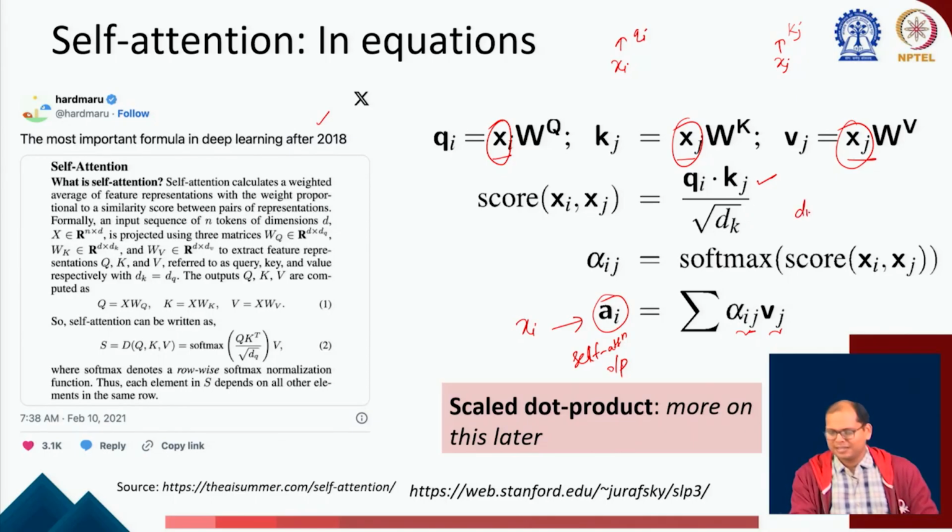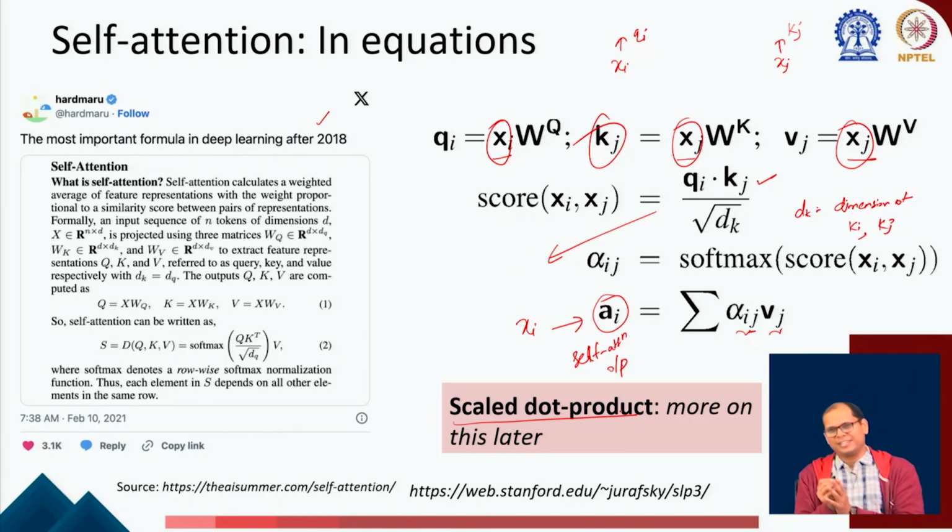What is dk? dk is the dimension of the key; ki, kj all will have the same dimension. So I divide by the square root of that. This becomes the scaled dot product. We will discuss the intuition for this later in today's lecture itself, why we need this scaling constant. But let's go ahead with that right now.